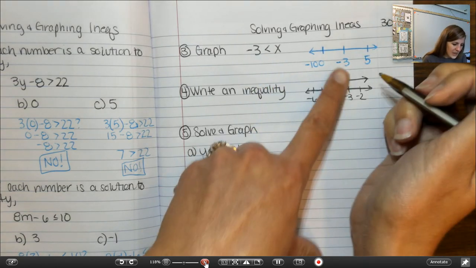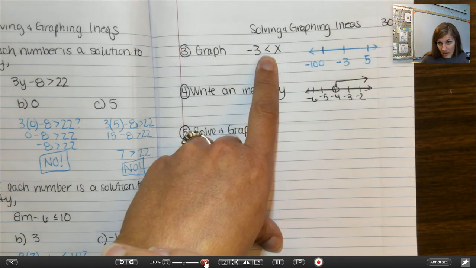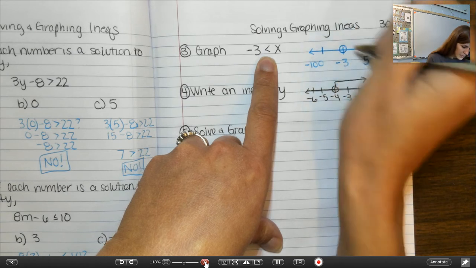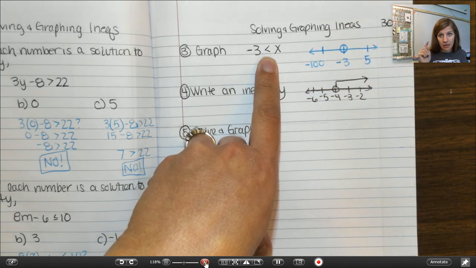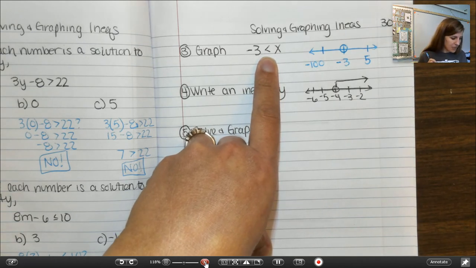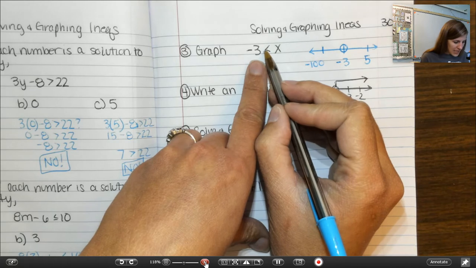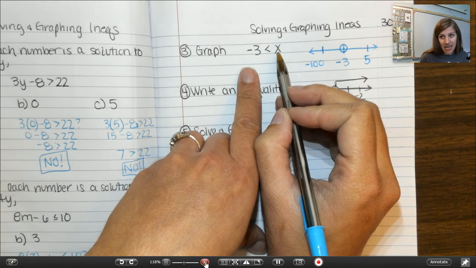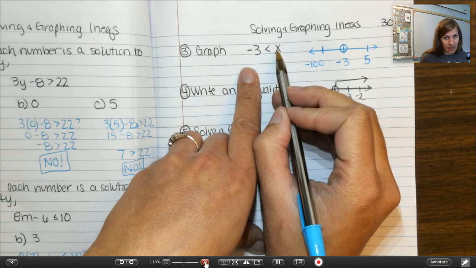And so on the negative 3, because x is not equal to, I put an open circle. It is not that spot. It's close to that spot. It's not that spot, though, so that's why I don't fill that circle in. And then when I compare these two numbers, because the baby bird is eating the negative 3, that means whatever x is has to be bigger because the alligator always eats the bigger number.